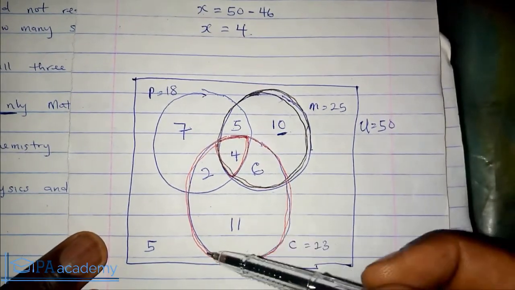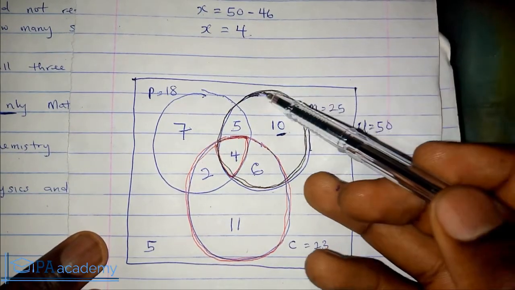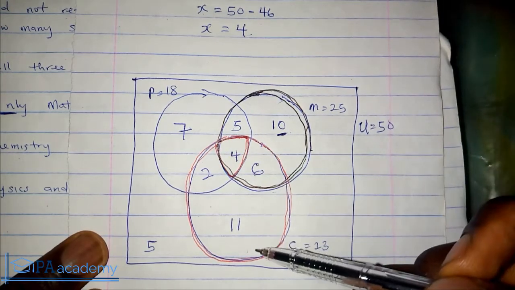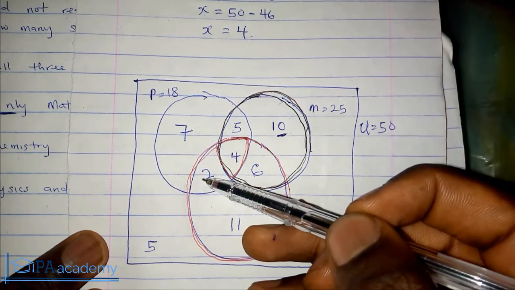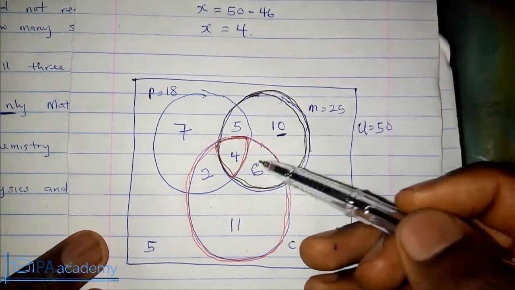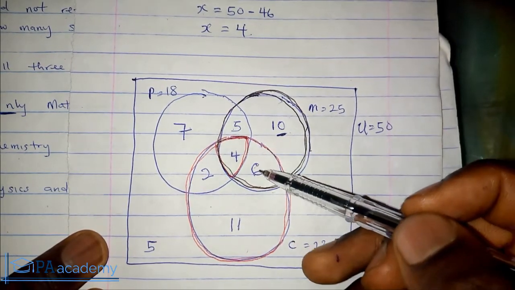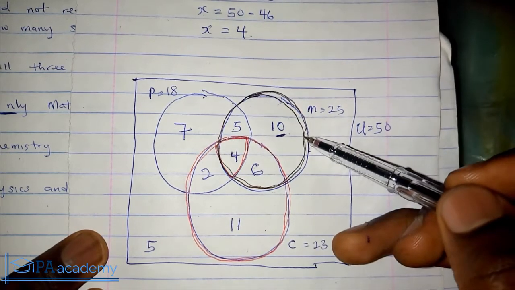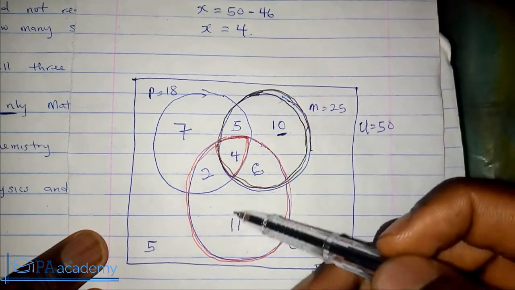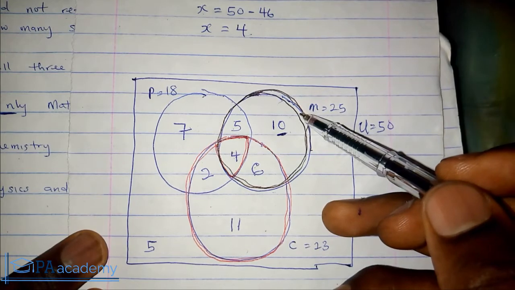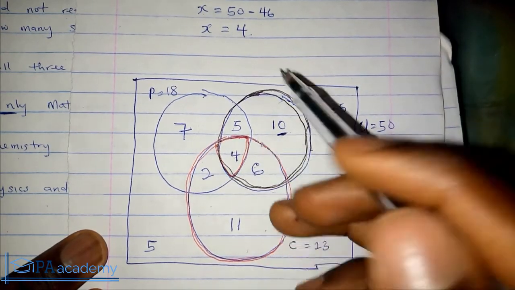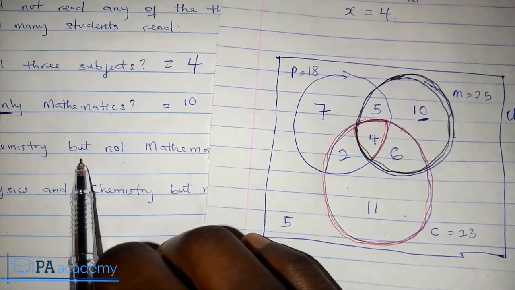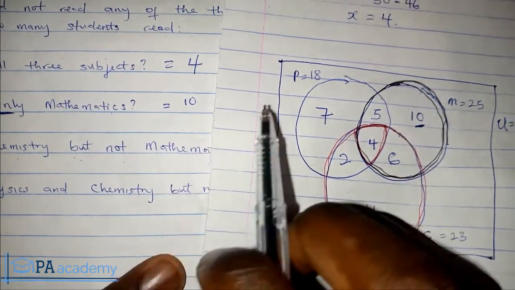If you look at it, this is the part for chemistry and this is the part for mathematics. So those that read chemistry but not mathematics are this 11 and 2. This 6 is reading chemistry and mathematics. This 4 is reading mathematics and physics. But we are looking for those that read chemistry but not mathematics.